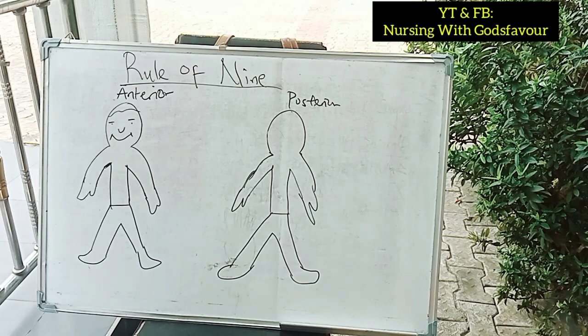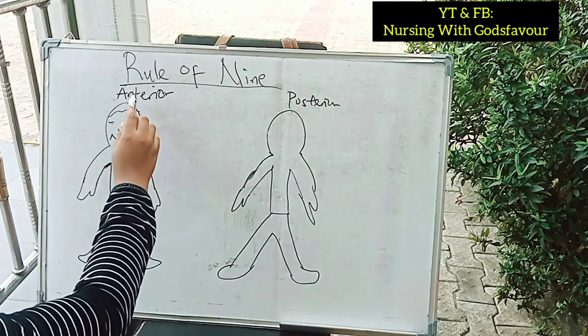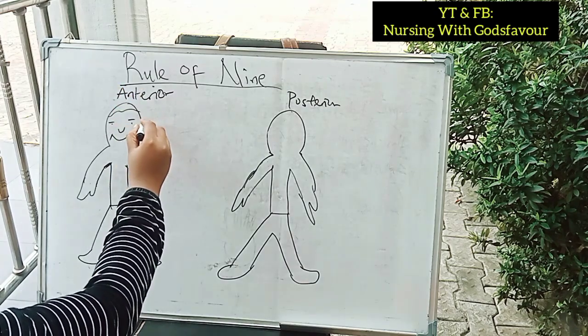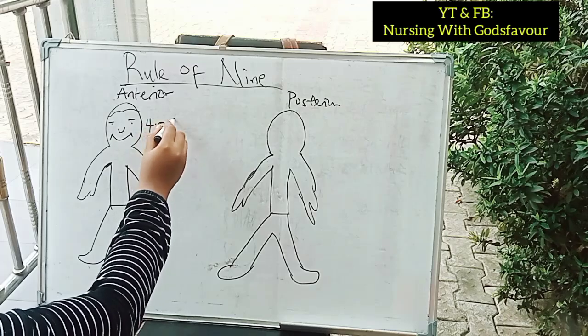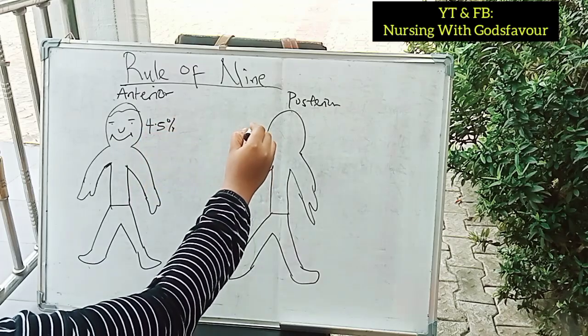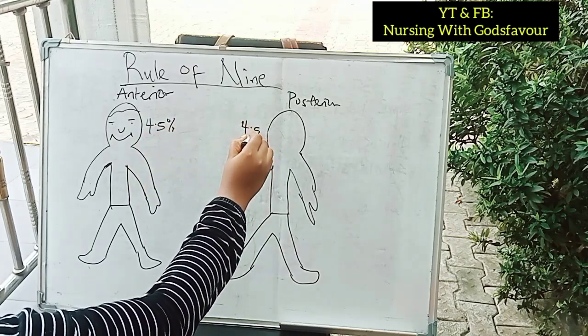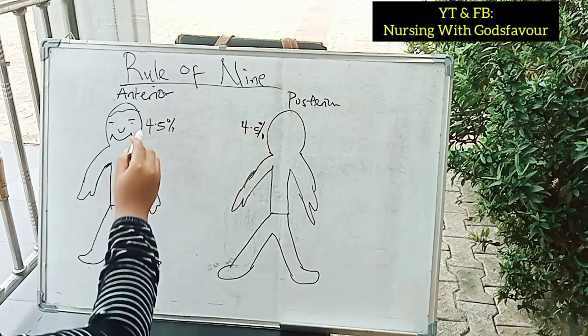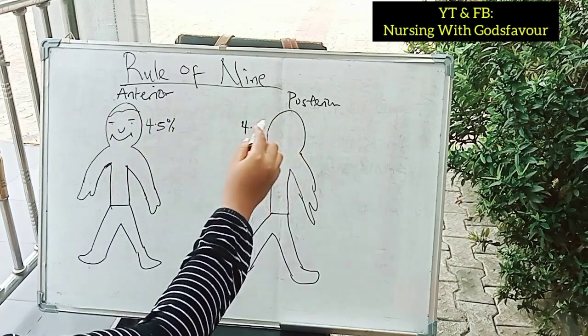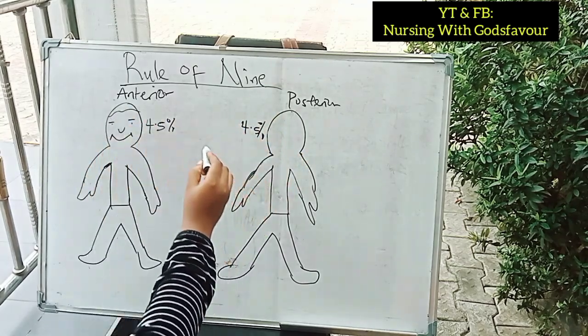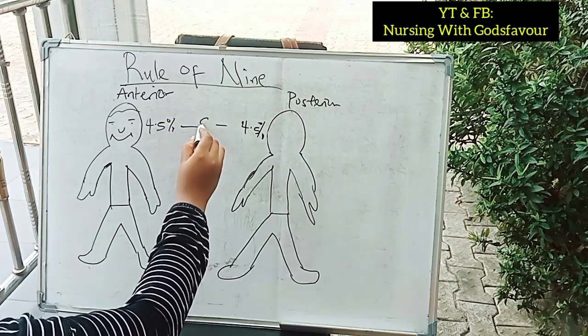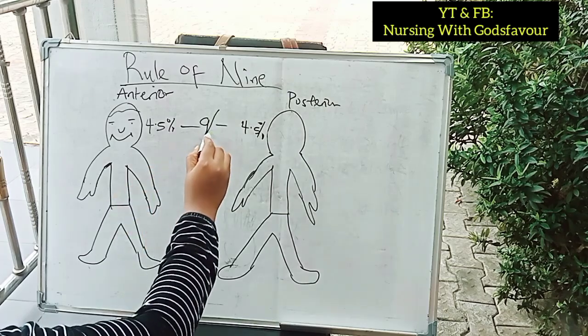Each part of the body has its own way of being calculated. For example, the anterior part of the head only is 4.5%, and the posterior is also 4.5%. So the entire head, anterior and posterior, is 9%.